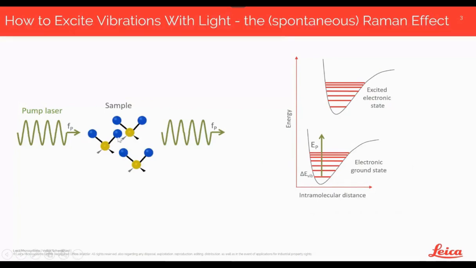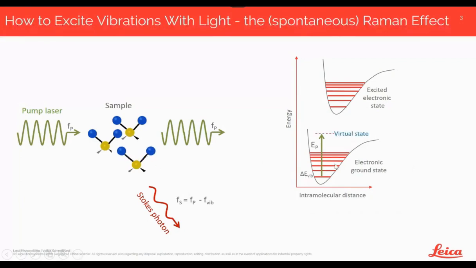By contrast, this sample will look largely transparent to this laser light, and so all of the light will be essentially transmitted. And only very occasionally it will happen that one of the photons excites one of the molecules to vibrate, and as a consequence, a lower energy photon will be emitted from the sample, where the energy of the photon has been reduced by exactly the amount of vibrational energy that is needed to cause this molecule to vibrate.